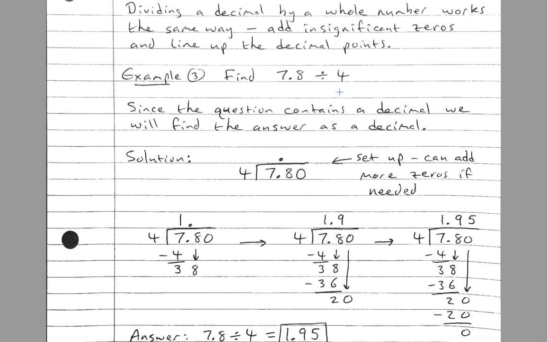All right, so we're dividing by the 4, so the 4 goes out here, and we have 7.8. We can add as many zeros as we need, so I started with just 1 zero. 4 goes into 7 one time, so put the 1 above the 7. 1 times 4 is 4. Subtract, that's 3.